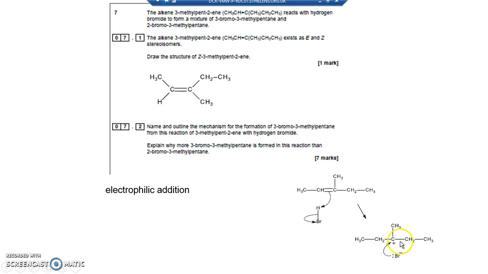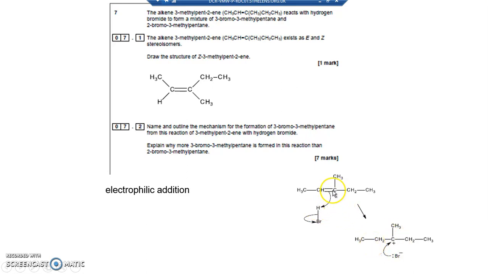A tertiary carbocation is stable, more stable than the secondary carbocation, which would have a C plus joined to 2 carbons either side of it, which is in turn more stable than a primary carbocation that's got a C plus with just 1 other carbon joined to it. So this tertiary carbocation is more stable than a secondary carbocation.